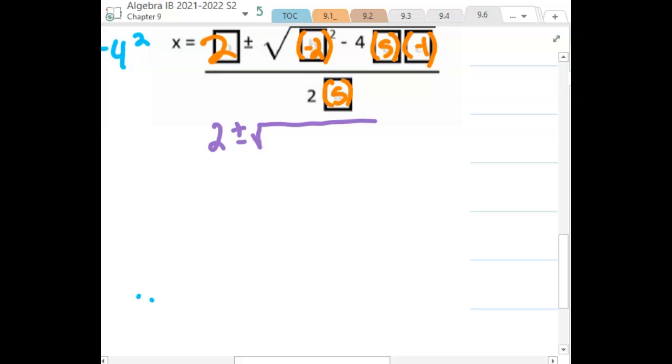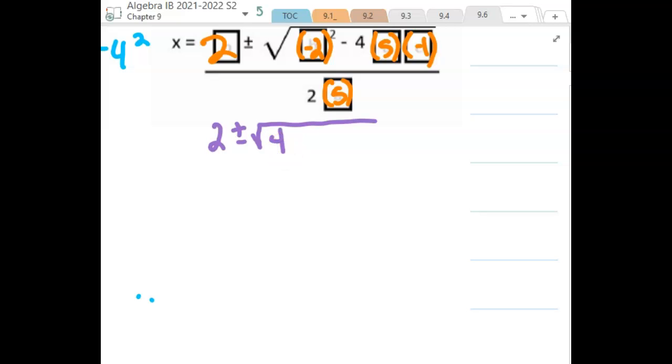Now, underneath the radical, the first thing we want to do is take b squared. Remember, it really doesn't matter if b is positive or negative. You're going to square it anyway. But since we put parentheses around it, it's an extra reminder that negative 2 squared, negative 2 times negative 2, is a positive 4.